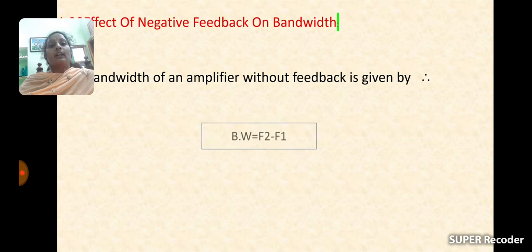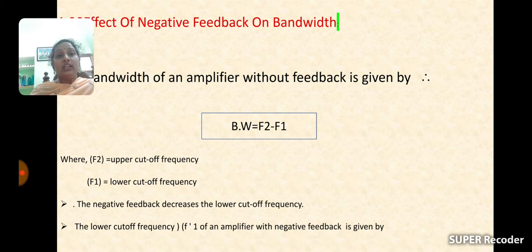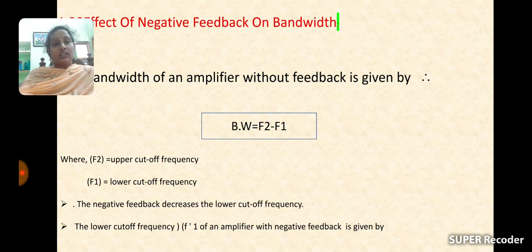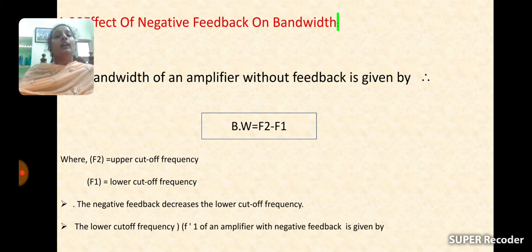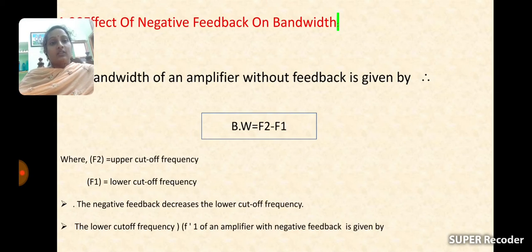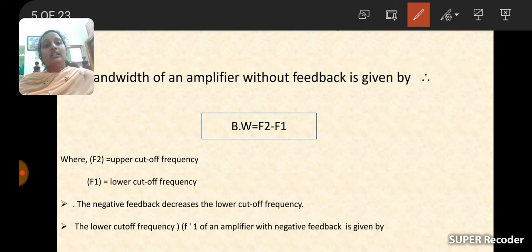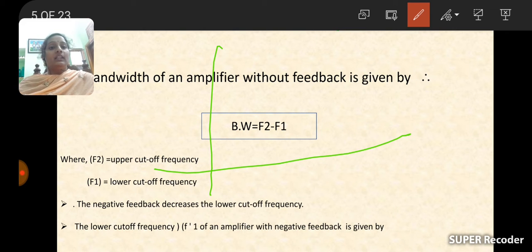And coming to the next one, the effect of negative feedback on bandwidth. How will negative feedback affect the bandwidth of an amplifier? Once we revise what is meant by bandwidth: generally, band indicates range or group.